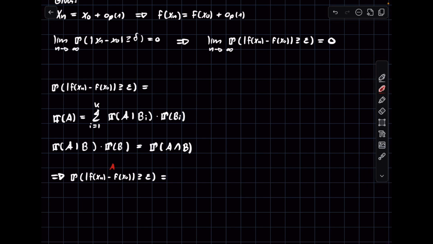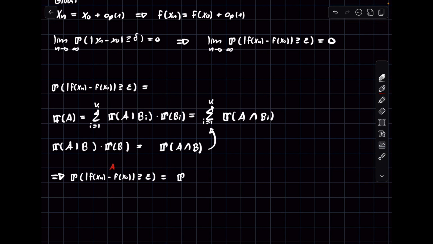This is going to be A. And then we're going to take P of the sum, let me explain this, from i equals 1 to k, of P(A intersection B_i).